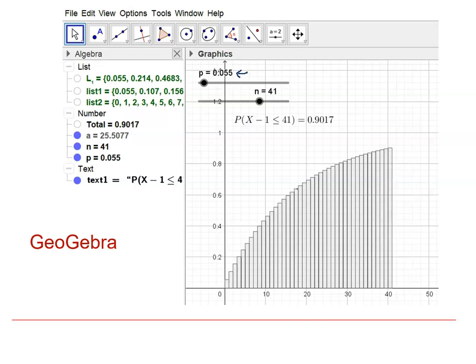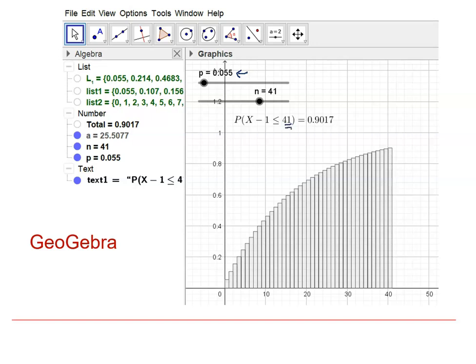We can then plot this outcome here, where it will give us the cumulative probability that x minus 1 is less than or equal to particular values for n, and we are looking for the first one that exceeds 90%.